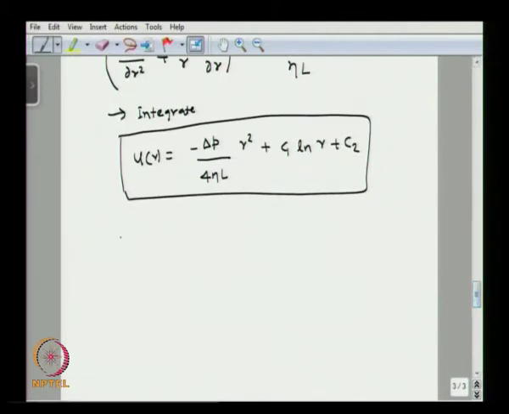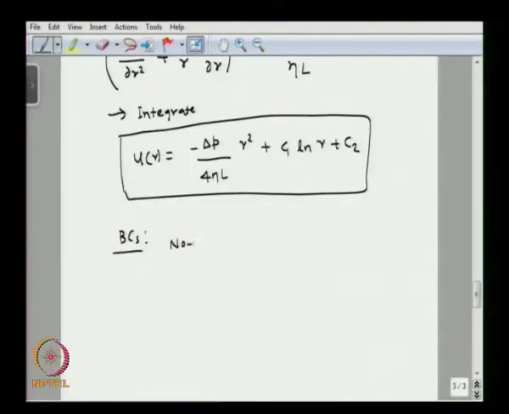Now, if you apply the boundary conditions, what are the boundary conditions? One boundary condition is that the velocity at the wall is 0, that is the no slip boundary condition, and the other is the symmetry boundary condition, so the velocity gradient at the center vanishes.